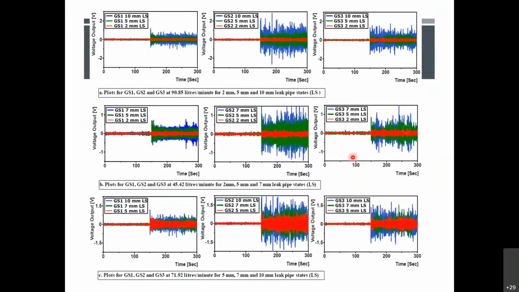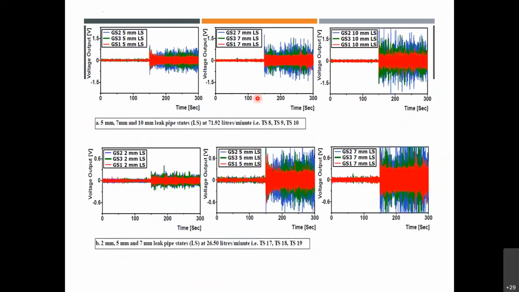We could compare it with various types of flow rates and see it being consistent. We can also compare them against each other, and we see that it is consistent in terms of the voltage that they create when the same amount of damage is present, for the various numbers of pipe states that we consider.